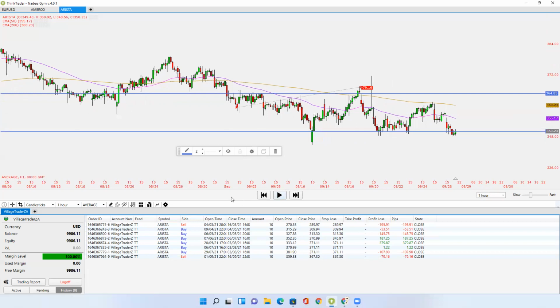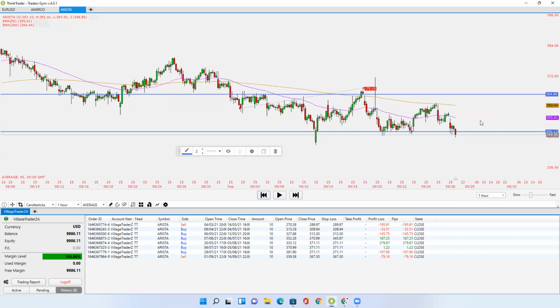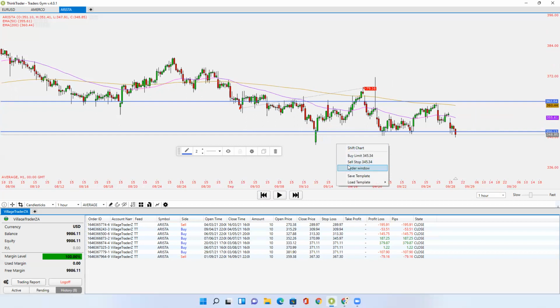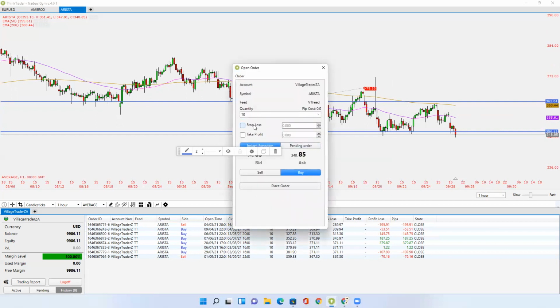Okay. At that point there, I want to go short with my stop just above the doji, 362. Short.